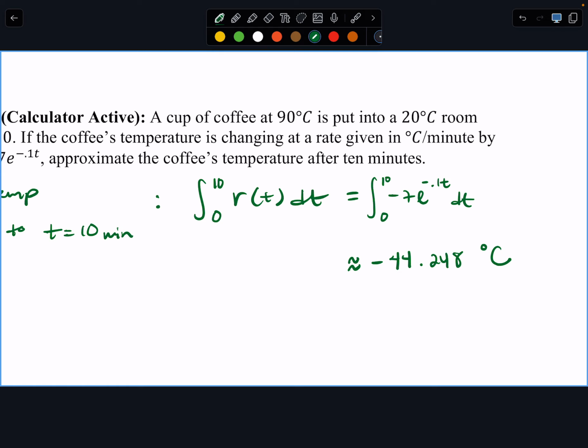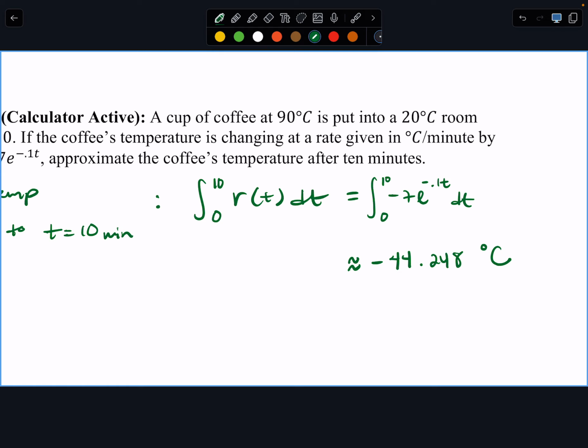You want to make sure you're paying attention to what a question is asking, because the question is asking us to approximate the coffee's temperature after 10 minutes. So this negative value that we get represents the change in the temperature. It's telling us by how much that initial temperature of 90 degrees Celsius decreased.